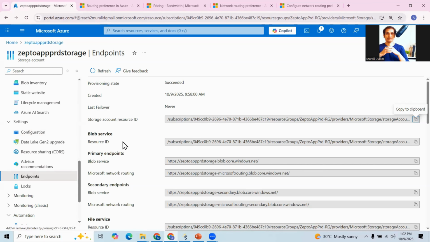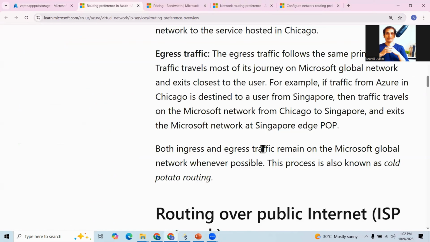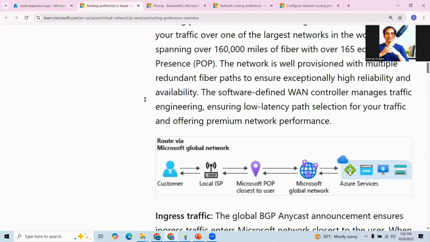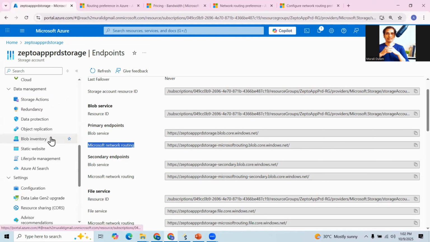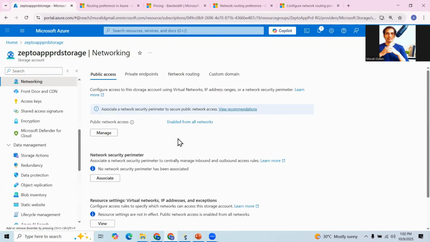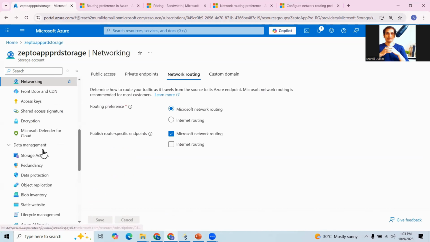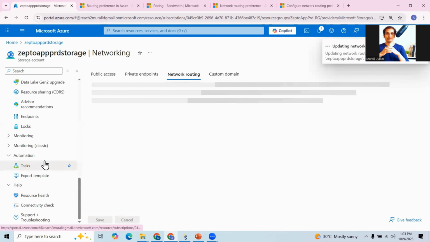Here you can see Microsoft network routing, because we already enabled network routing, the Microsoft based global network. This is the picture you can see. This is the section we selected. And if you want to see that option, just go back to networking, and there you can see networking and network routing. Now let us change this option: let us enable internet routing also.